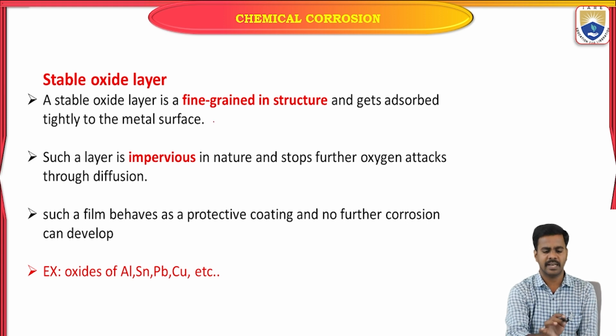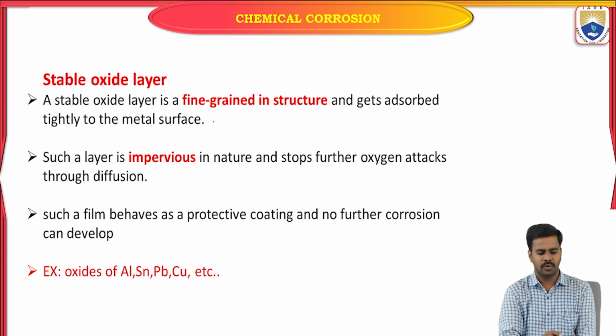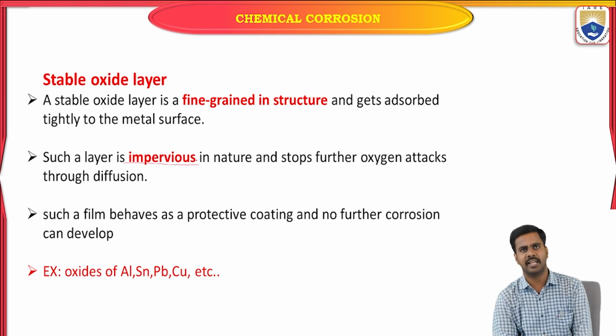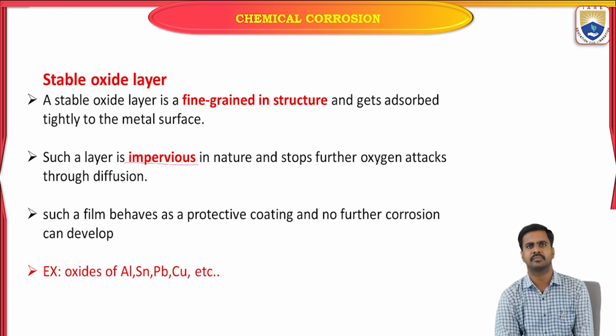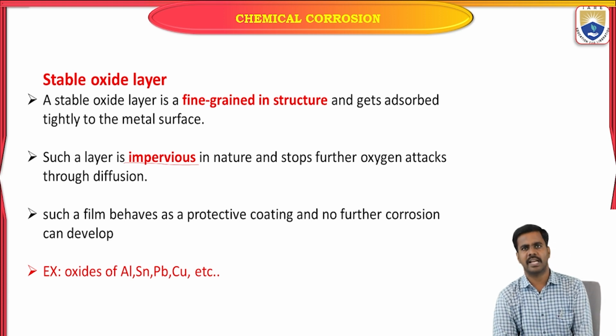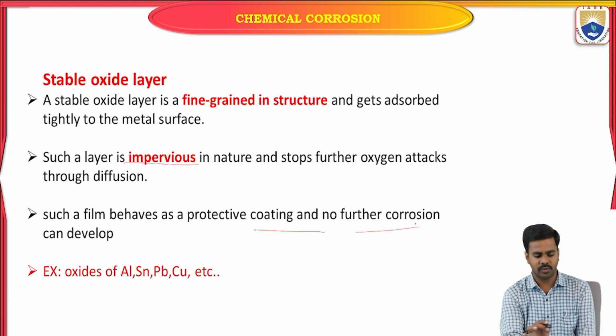So let us see what a stable oxide layer is. The stable oxide layer is fine grained in structure and gets adsorbed tightly to the metal surface. So the stable oxide layer acts as impervious in nature and stops further oxygen attack through diffusion. So such a film behaves as a protective coating and no further corrosion can develop.